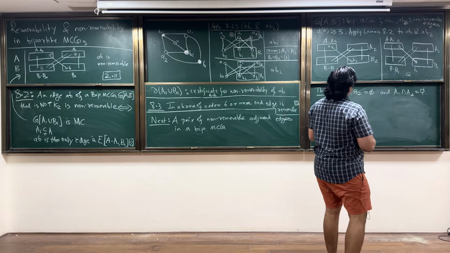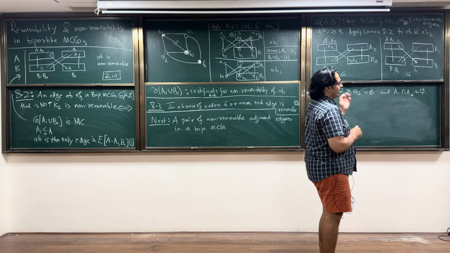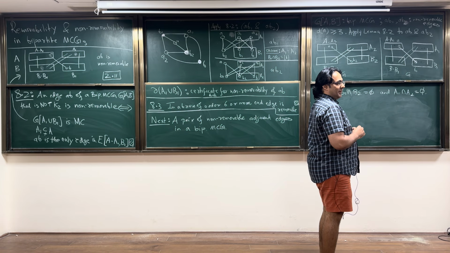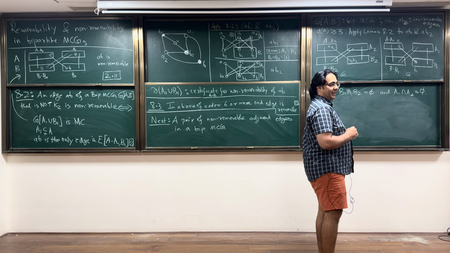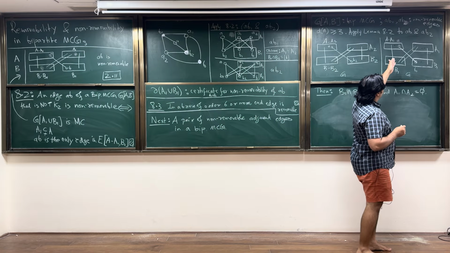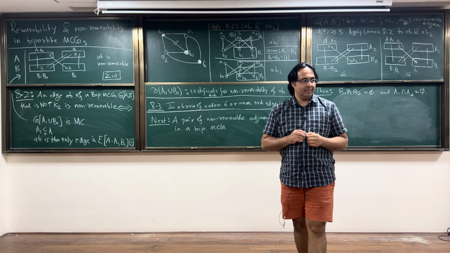Can we get a perfect matching that behaves nicely with both of these drawings? I don't know what behaves nicely means. Well, I do know what it means, but I don't want to tell you. Can we get a perfect matching in this graph that behaves nicely with this drawing and also with this drawing? And what does behave nicely mean?